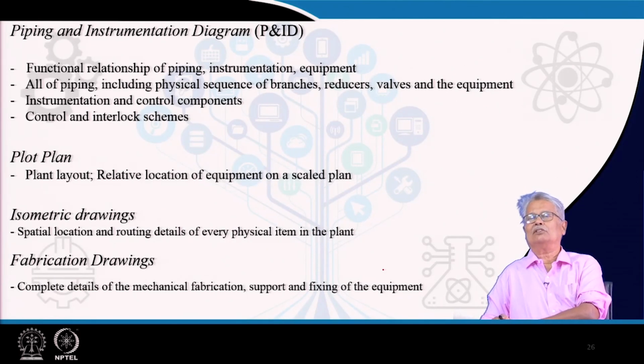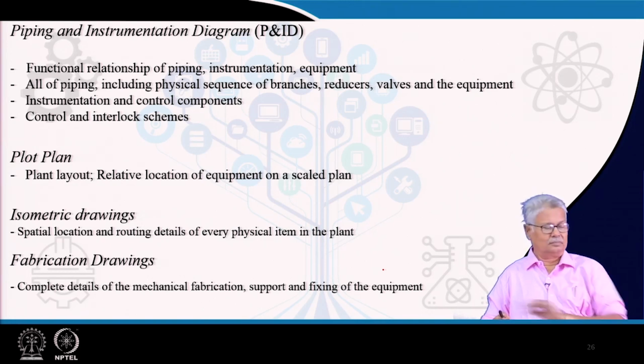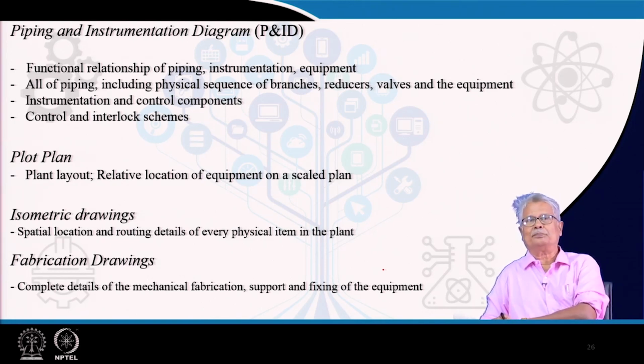After all, you have conceived a plant, you have decided on the alternative designs, you have come to a state where the process is finalized, the process streams are identified, all the equipment are identified, and the details of the plants and instrumentations are also known. Now, how to document these? This is done in a document which is called the piping and instrumentation diagram, or P&ID. The P&ID shows the functional relationship of the piping, instruments and the equipment.